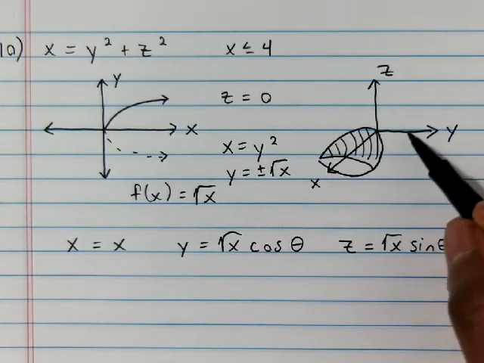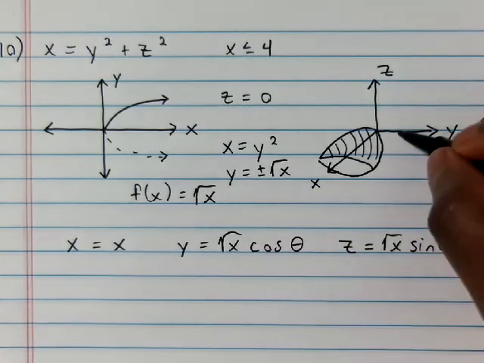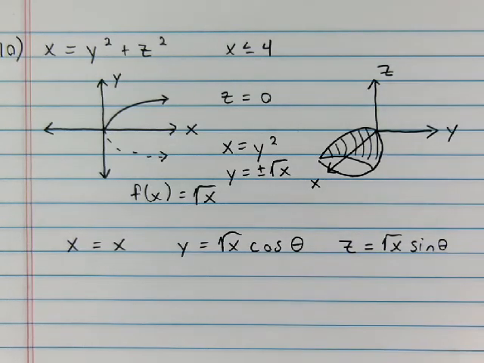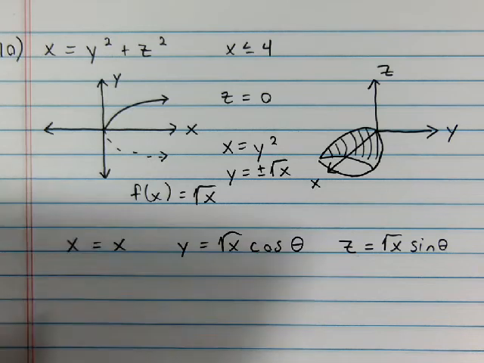And notice I said that theta is the angle subtended from the positive y-axis in, I hope I said the YZ plane. That's what I meant if I did not say the YZ plane. So let me check, make sure I did. Oh, I did not. I said the XZ plane, and that is incorrect. So let's go back and fix this.